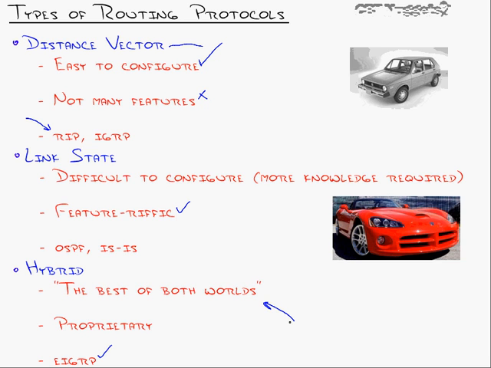Now, EIGRP is without a doubt one of the best routing protocols that exists, but you can see, as I'm sure you have already, its Achilles' heel right there. It is Cisco proprietary, meaning you have to have Cisco routers everywhere to run this routing protocol.